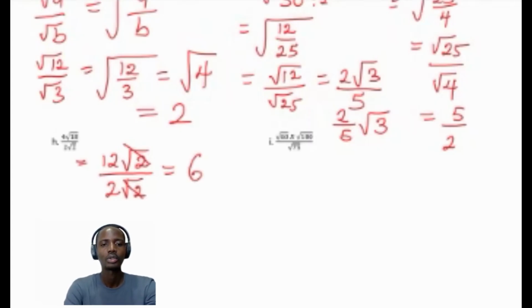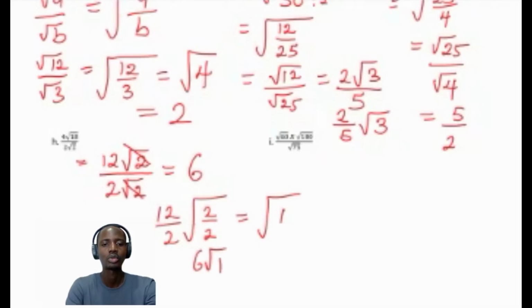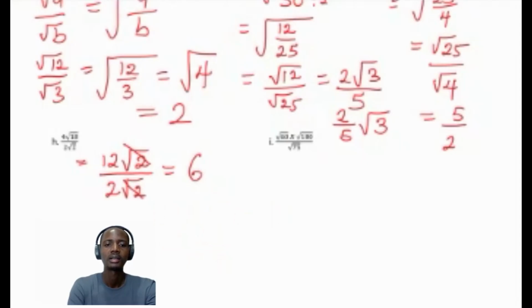Or we may choose to do this, saying 12 over 2, then root 2 divided by root 2. Now, we know 2 divided by 2 is 1. Square root of 1 is 1. So that still gives 6 root 1. That's still the same thing. Right. So, our answer is 6. Quite simple.